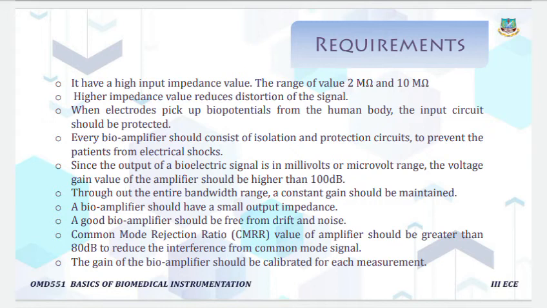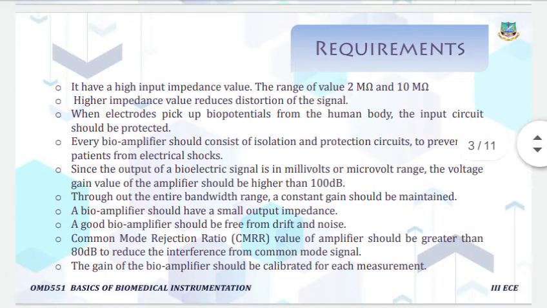When the electrodes pick up the biopotential from the human body, the input circuit should be protected. Normally these bio amplifiers should consist of two circuits, that is an isolation circuit as well as a protection circuit, just to prevent the patient from electrical shock.